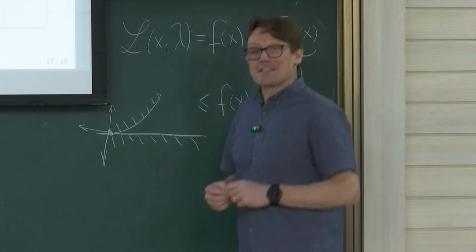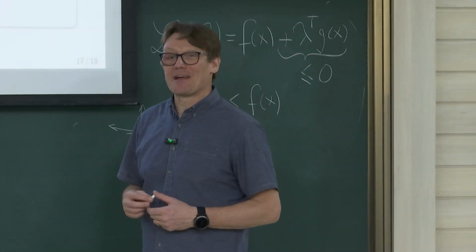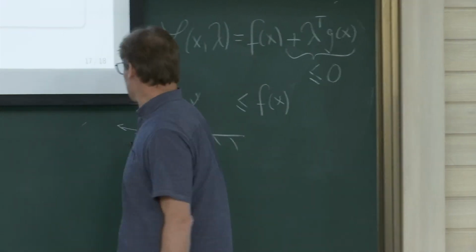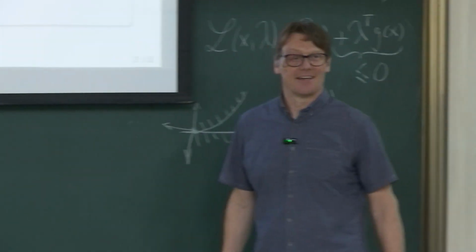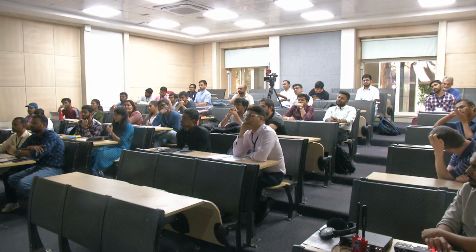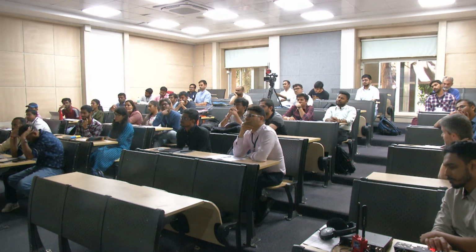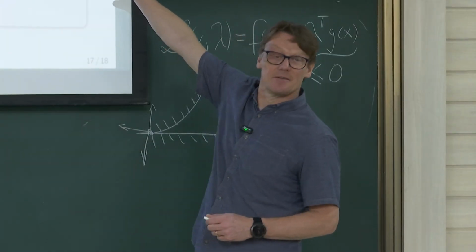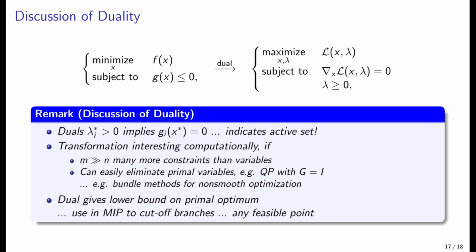Do you know other bad things that happen if you don't have constraint qualifications? Let's see, who knows what bad things happen without constraint qualifications? Anybody? Okay, if you don't have a constraint qualification, your multiplier set is unbounded. And these multipliers can blow up to infinity.